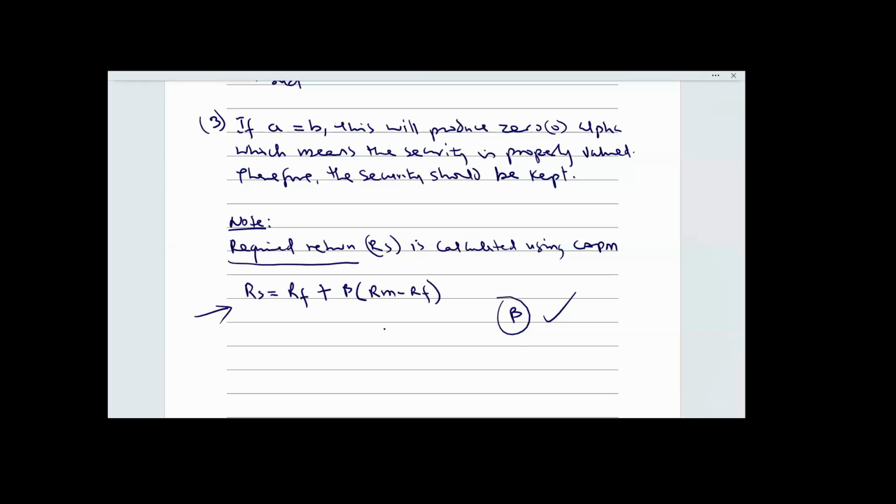RF is risk-free rate of return. B is beta value. RM is market return. The difference between RM and RF is called risk premium. We have done this previously, under cost of capital, right?